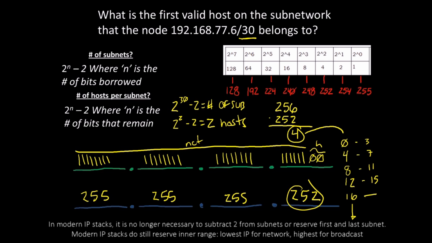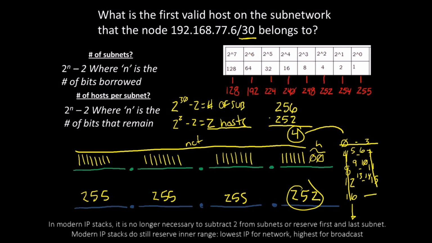Because my bottom and top are always reserved, I'm going to go ahead and cross this out. And what I actually have here, since I'm going to cross these out, I actually have 5 to 6, which is, of course, 2 hosts, which confirms my formula here, 2 hosts. And here I have 9 and 10 and 13 and 14.